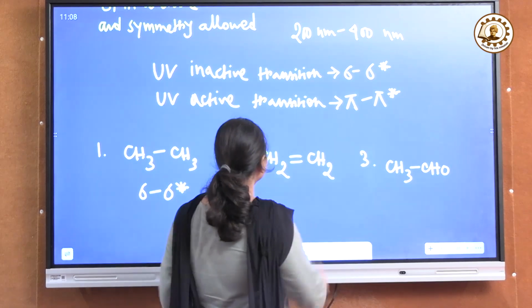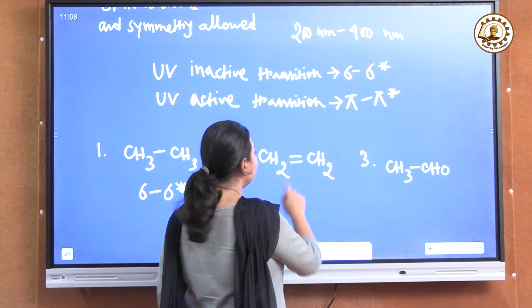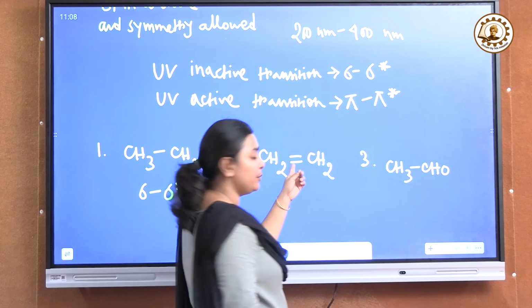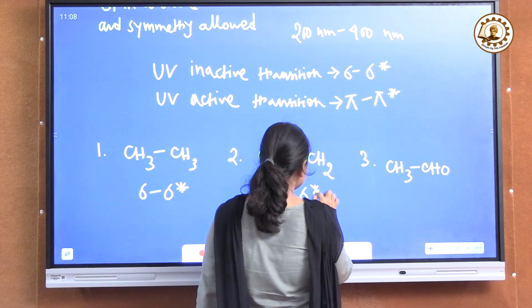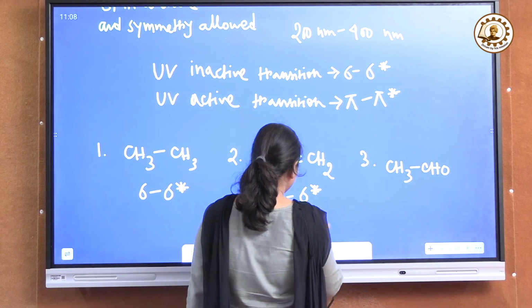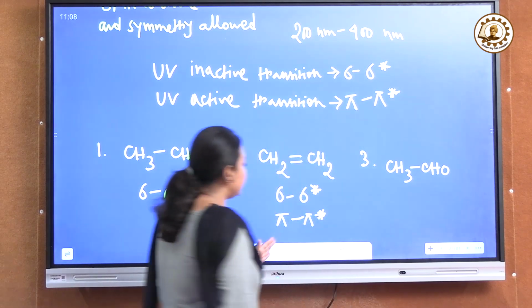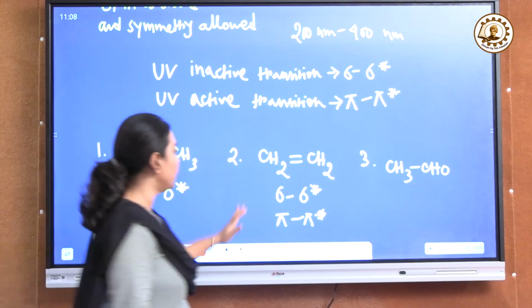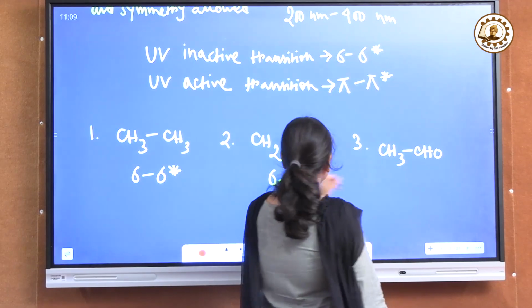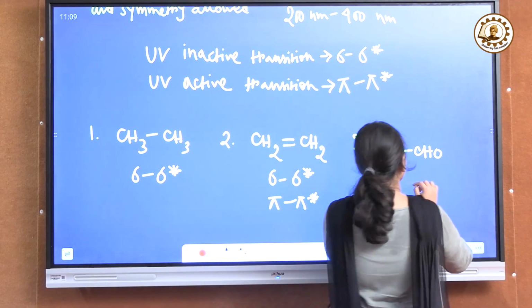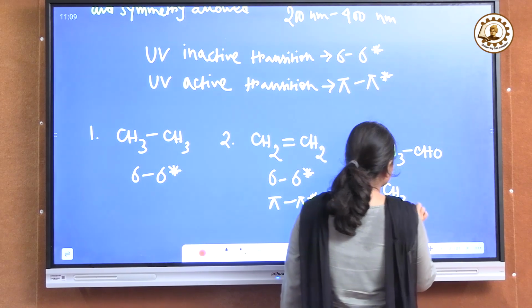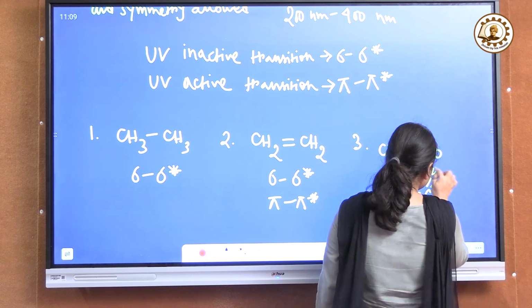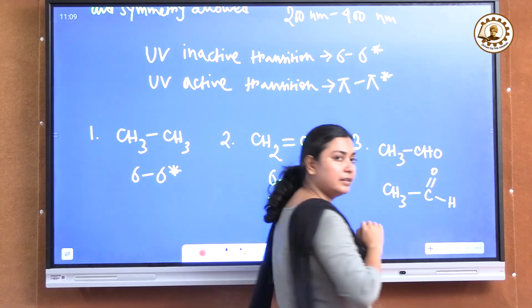In molecule 2, this is ethylene. So, there are both sigma and pi bonds present in that molecule. So, it will show sigma sigma star and pi pi star transitions. And in case of molecule number 3, it is acetaldehyde. The structure of acetaldehyde is like that, right?